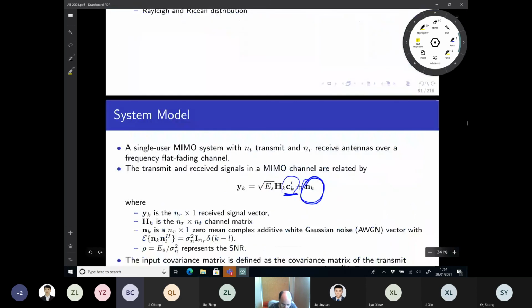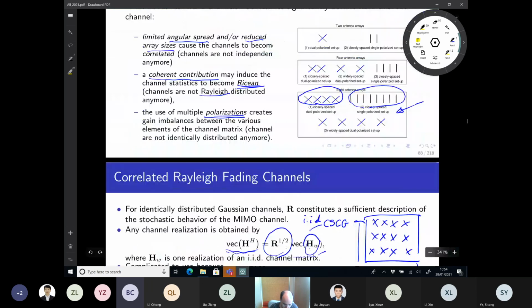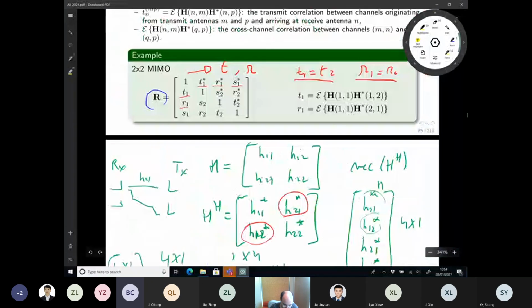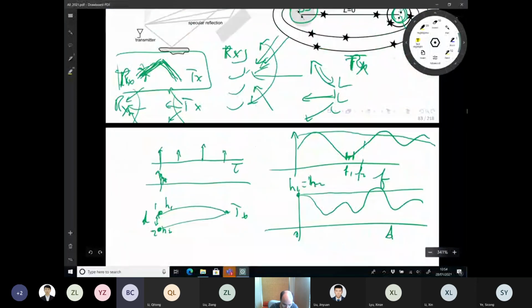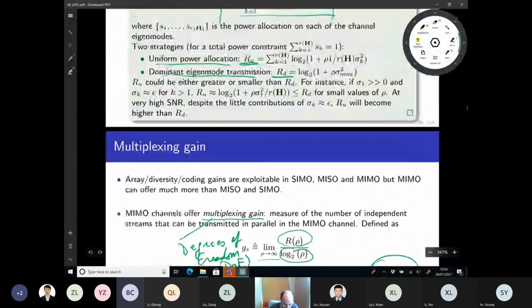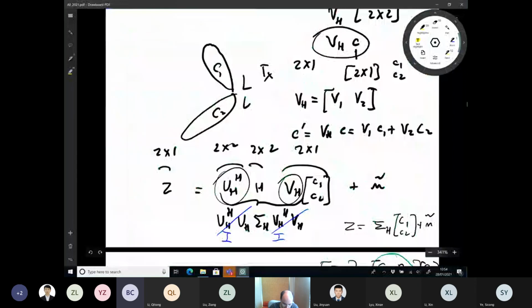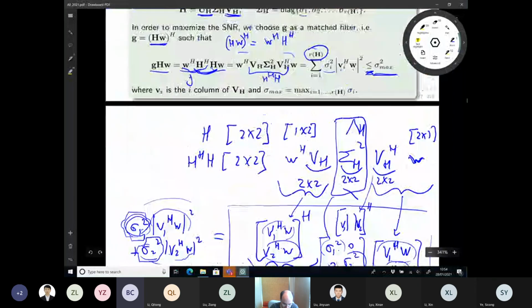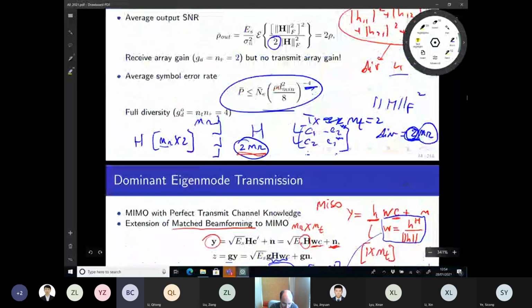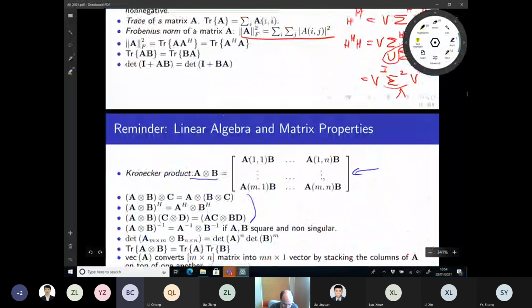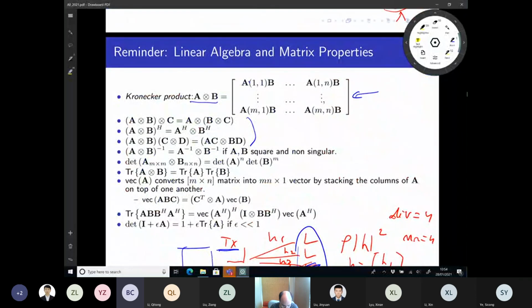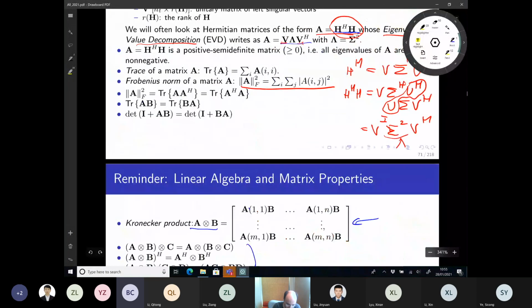I can show you some properties. I think we have this here of this log2 det. I'm going to use this changing of order a few times, so you're going to get familiar with that. So the determinant of I plus AB is equal to the determinant of I plus BA, right?